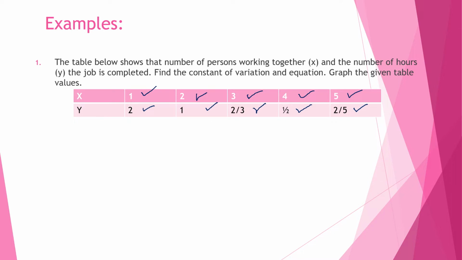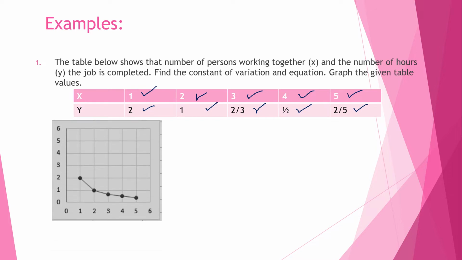Let's try to observe the given table. As you can see, the values of x are increasing while the values of y are decreasing. So that is an example of inverse variation. If we graph the table, we have 1 as x and 2 as y, and then 2 as x and 1 as y.